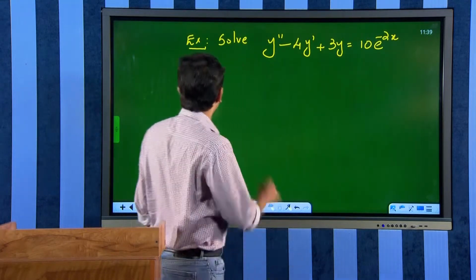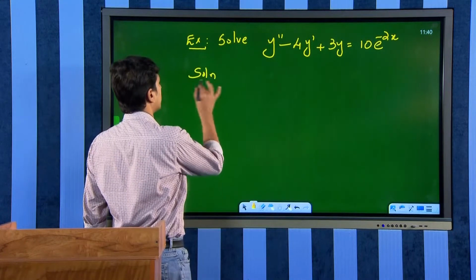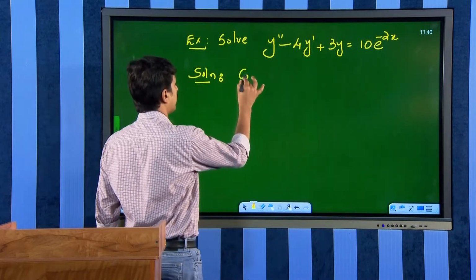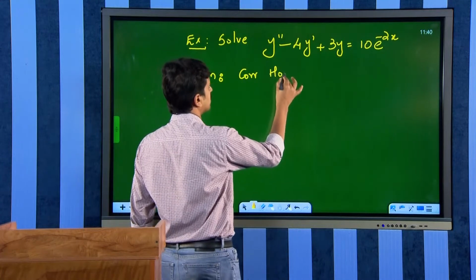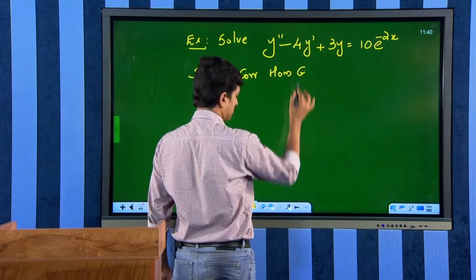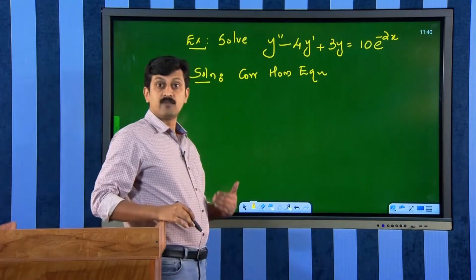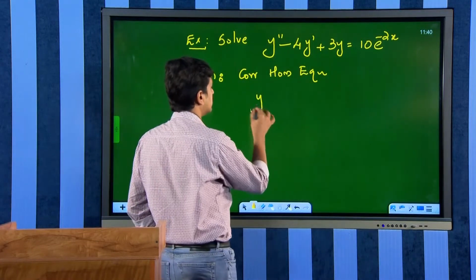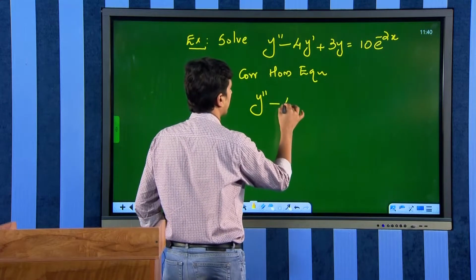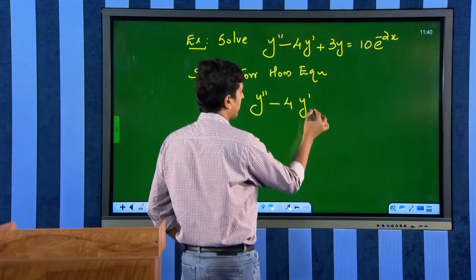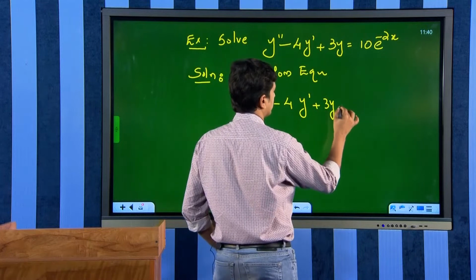So, as part of the solution, we can write the corresponding homogeneous equation. See, which one is the corresponding homogeneous equation? We just remove r of x: y double dash minus 4y dash plus 3y is equal to 0.